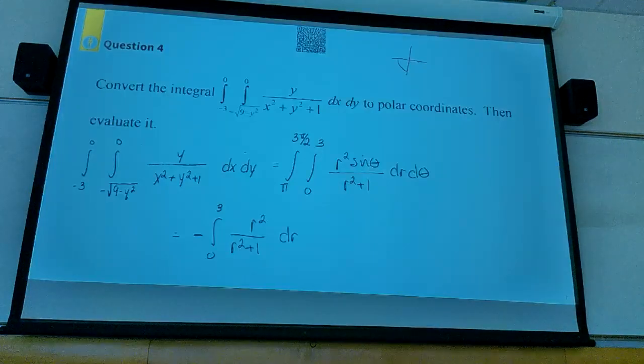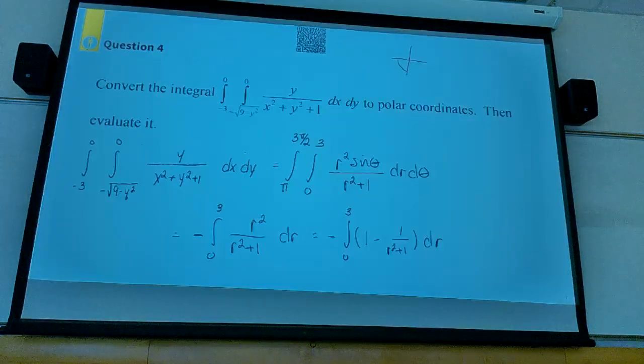In fact, I'll leave you to actually do the algebra. When you divide r squared by r squared plus 1, you'll be left with 1 minus 1 over r squared plus 1. Your quotient is 1, the remainder is -1.